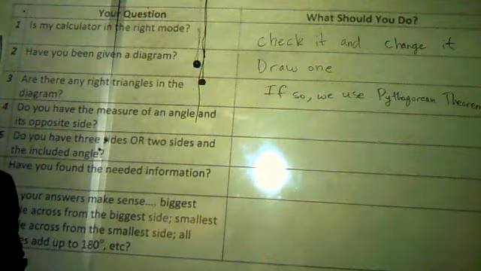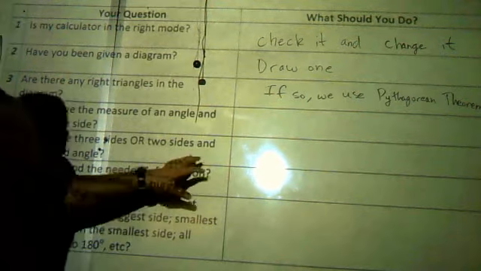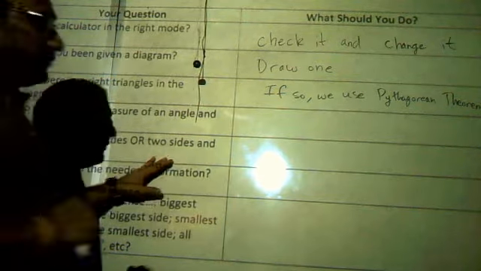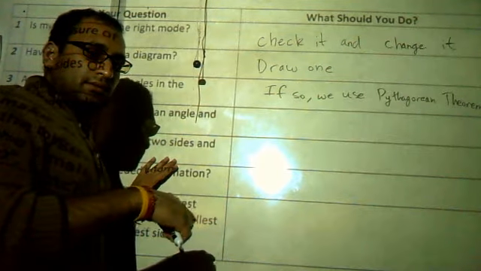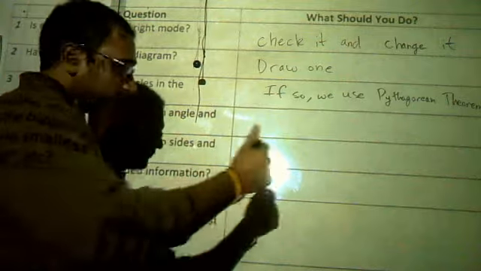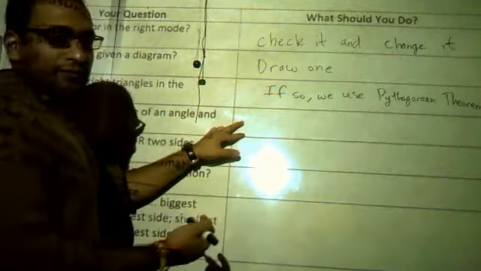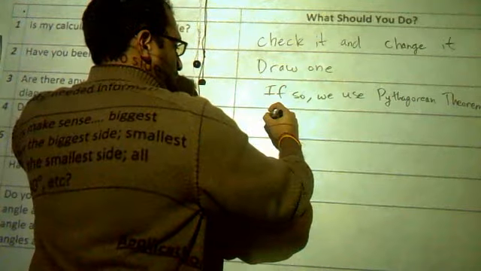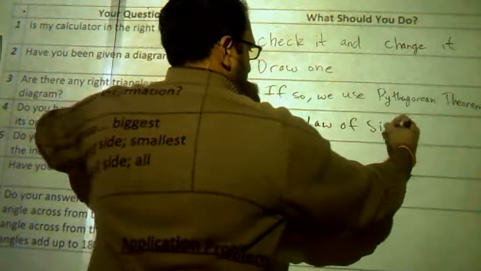Fourth step, do you have the measure of an angle and its opposite side? As we remember from the lesson that we did on January the 5th, which is today, but this is the lesson that's for the 6th, if we have an angle and its opposite side, you use the law of sines.